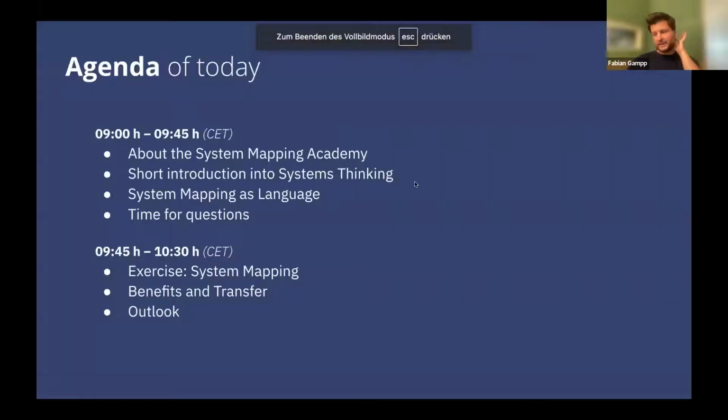The agenda for today is to give an introduction into system thinking, but also into system mapping, because we think it's always good to have this part of system thinking, which is a much broader term, since system mapping is closely linked to it and part of it. Then we will also have some time for questions and an exercise afterwards.